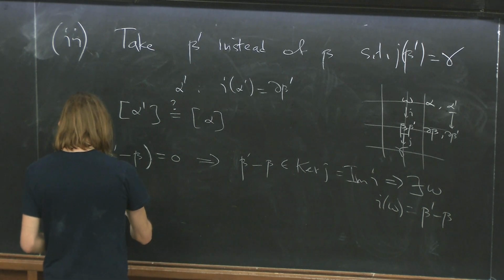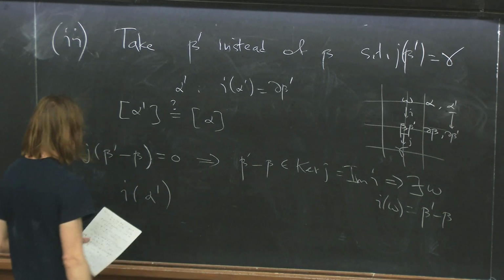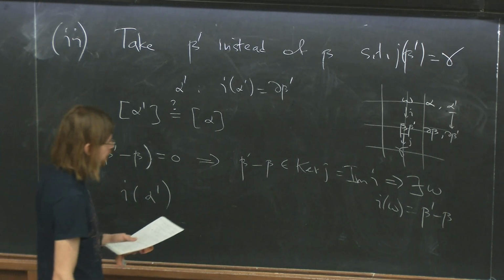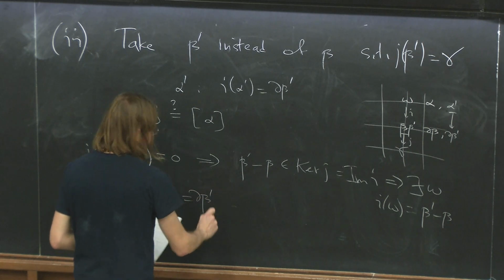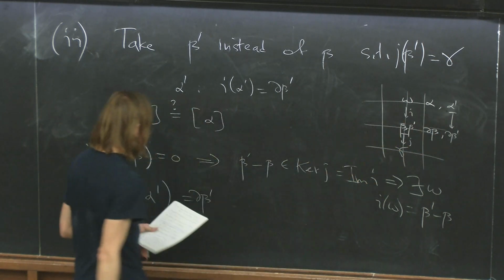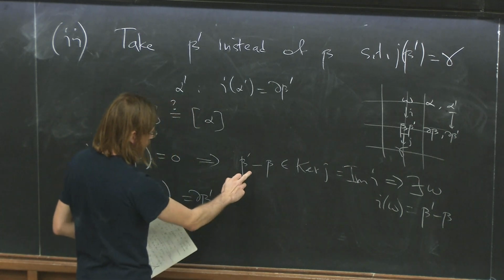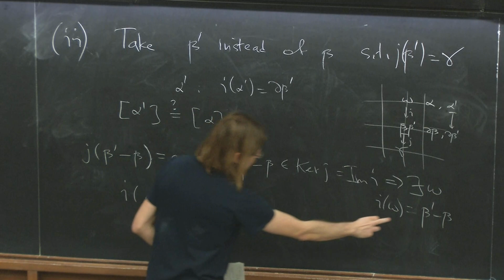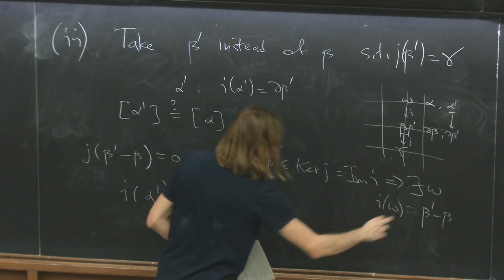Okay, and then let's consider I of alpha prime. I of alpha prime is, by construction, d of beta prime. But on the other hand, we can express beta prime using this equality.